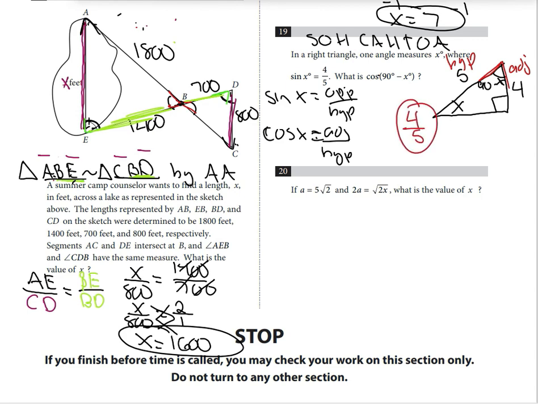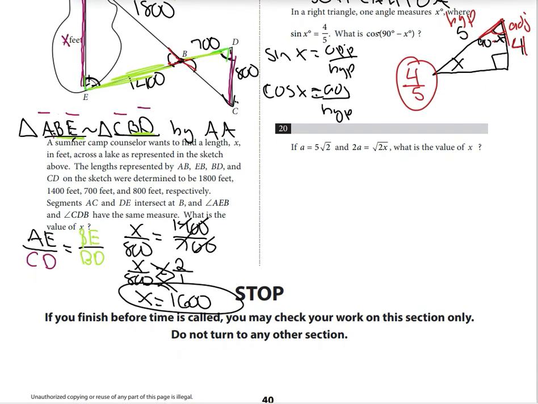So my answer should still be 4/5 because it's referencing this angle right here, which is 90 minus x, which gives me my adjacent side 4, my hypotenuse 5. All right, let's look at number 20. So this is the last one.